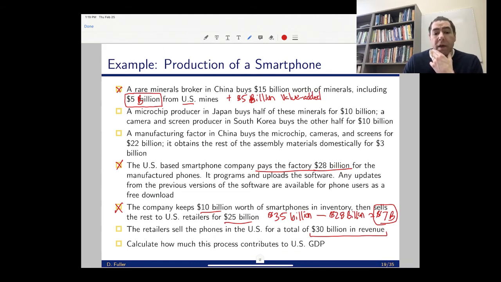Well, if we add that up, they've got 30 billion in total revenue, but what were their inputs to that production process? It was 25 billion is what they paid for it. So 30 billion in revenue minus the 25 billion that they bought it for from the software company there. And so in terms of total value added, they've added 5 billion.